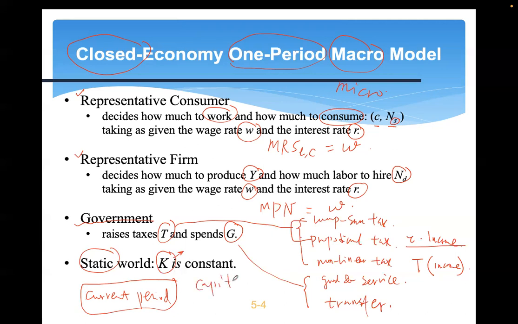If we only look at one period, there's no investment, and there's no point for investment because the next period is going to be the end of the world. Anything you save is going to be a waste. So in that sense, capital is going to be as it is. It's not going to change. So that's what we call a static world. K is constant. Hence, we are going to only focus on the labor market, or we can look at NS and ND. So this is the structure of this one period macro model.